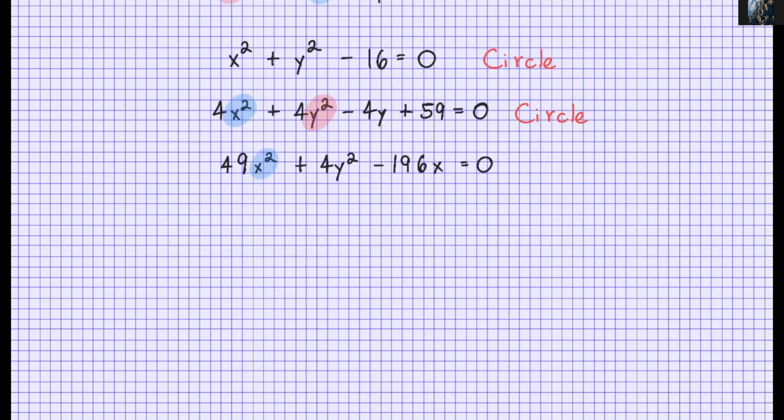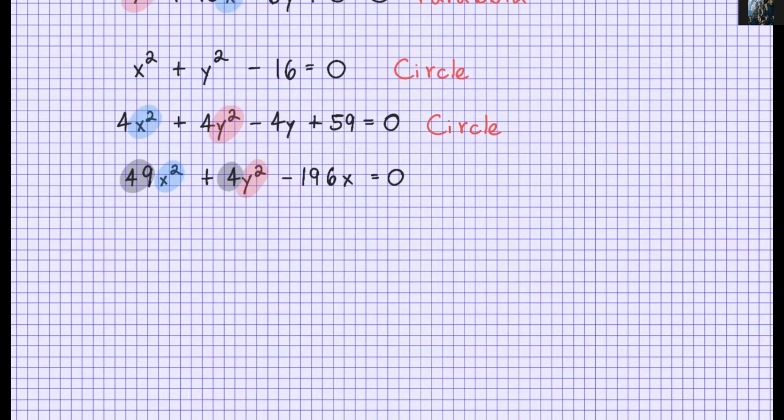Again, I check my x variable and my y variable. Both of them are squared. But now, the x has a coefficient of 49 and the y has a coefficient of 4. As they are different, automatically I will know that this is an ellipse.